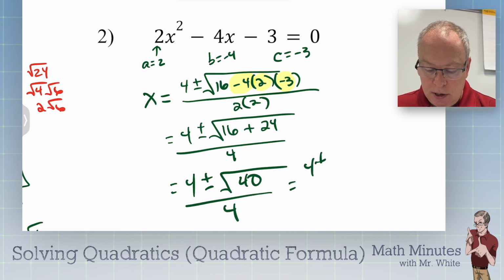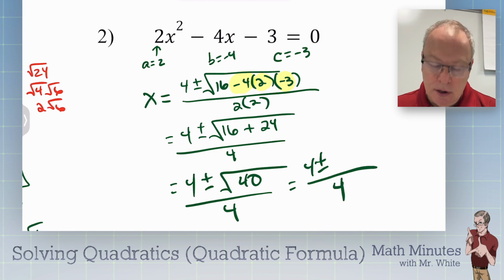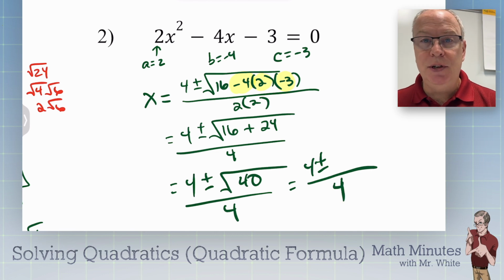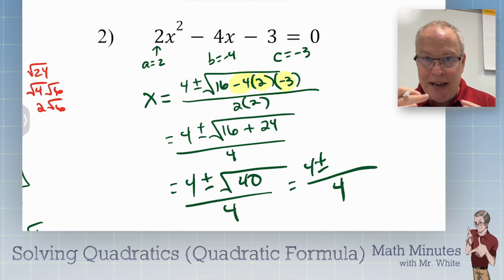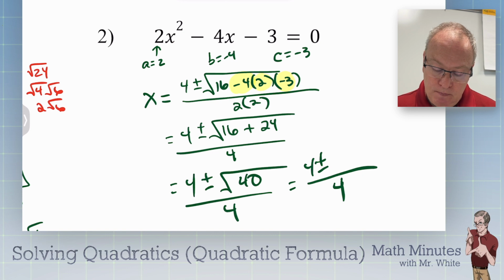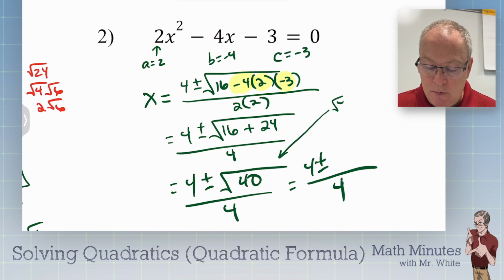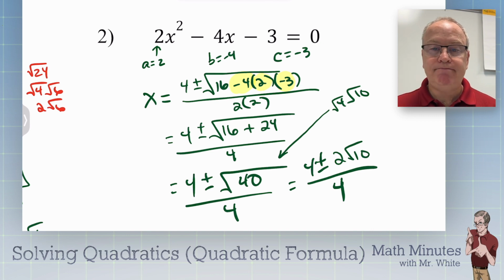That is 4 plus or minus. Again, we practice simplifying radicals. Is there a perfect square in there, or can you take out any pairs? Yeah, 4. 4 times 10. So radical 4 radical 10, so that's 2 radical 10.